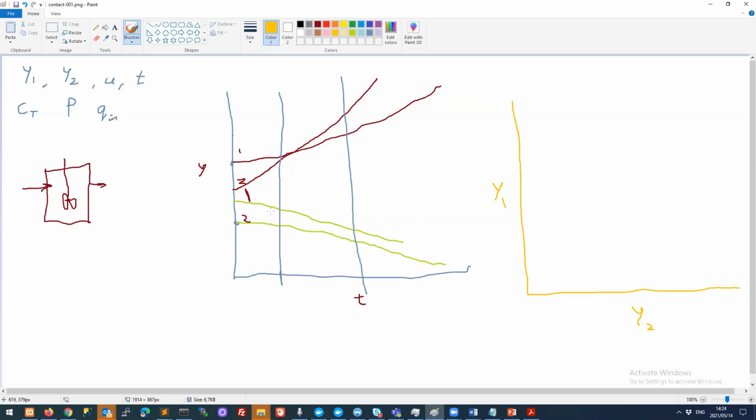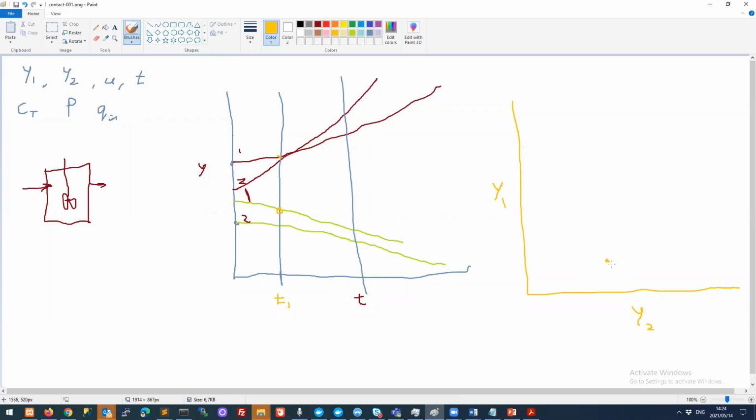So let's say we look at situation 1 at this time instant. So this is T1, let's say. So in the concentration, it's that value. And then in the temperature, it's that value, right? So that defines a point here. So that's y2, so it's a bit further along. So maybe here. And so that defines a point.